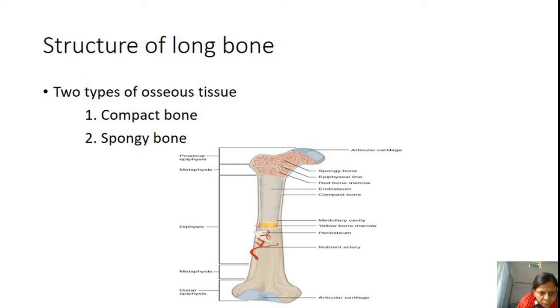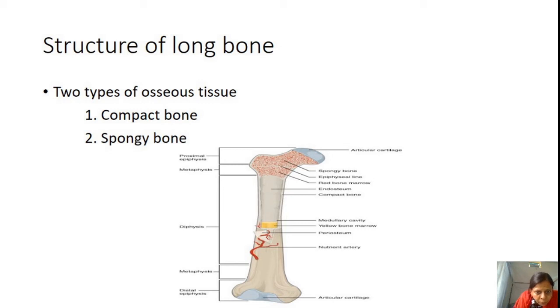And this shaft-like structure, diaphysis, is compact in nature, but it is light and strong. At the center it is hollow, forming a cavity called medullary cavity. It is rich in fat and it is called yellow bone marrow. This cavity is lined by a fibrous connective tissue called endosteum.